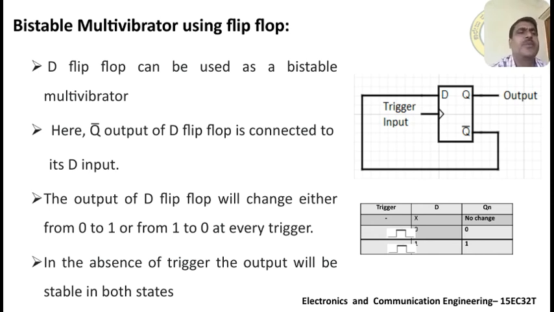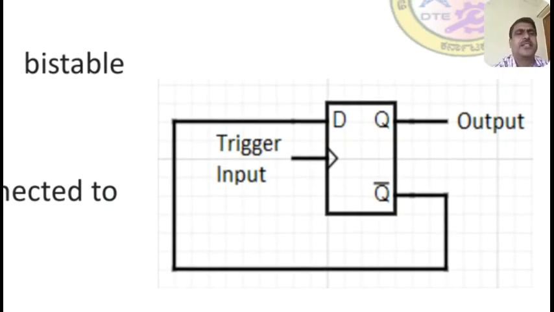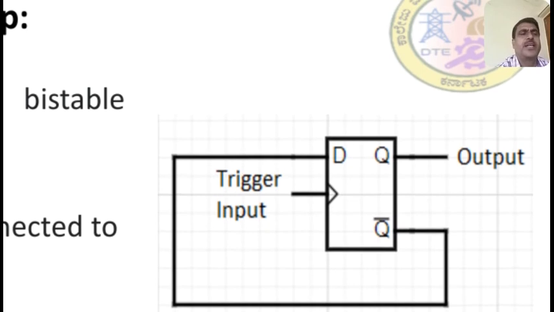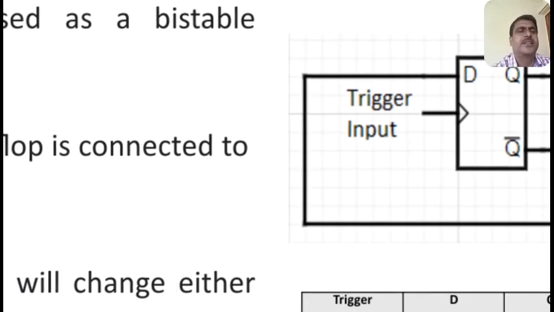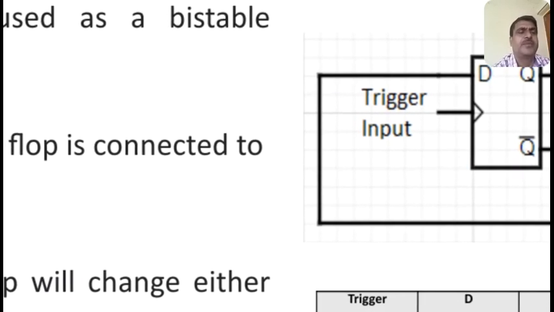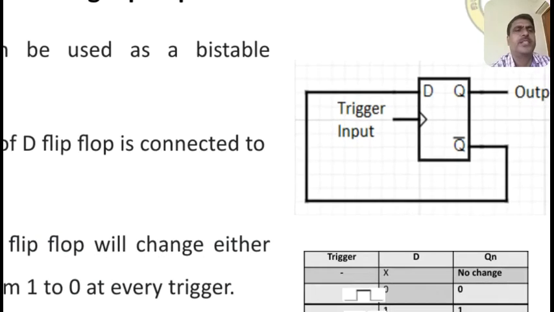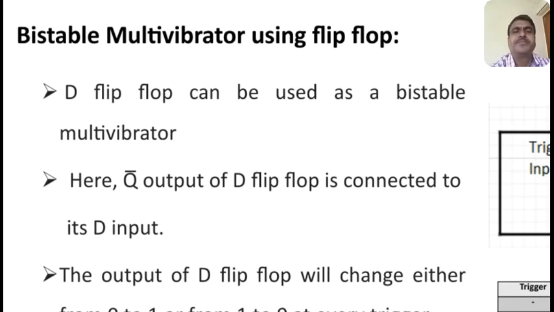So we can use a D flip-flop. As you can see here, a D flip-flop can be used as a bistable multivibrator. In the diagram you can see the D flip-flop, which has outputs Q and Q bar. This Q bar is connected back to the D input, and the clock input of the D flip-flop is the trigger input for the bistable multivibrator.